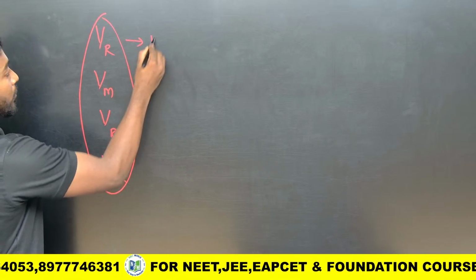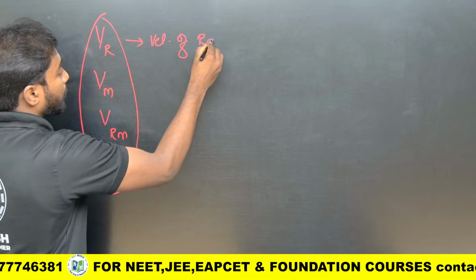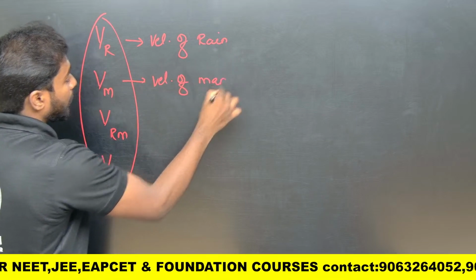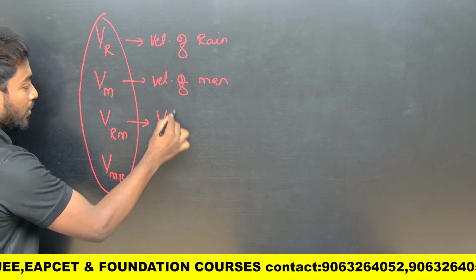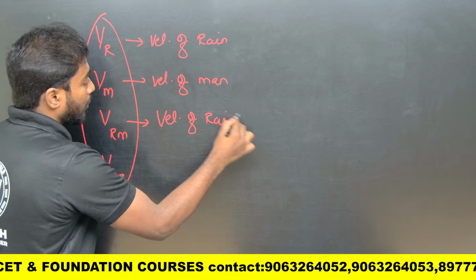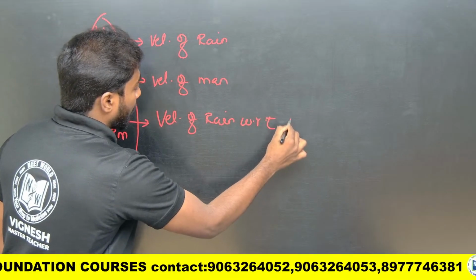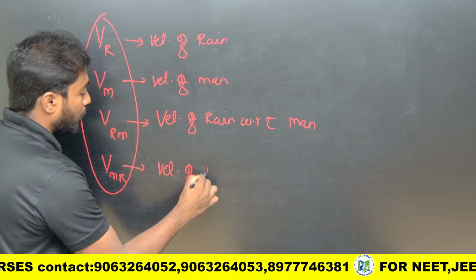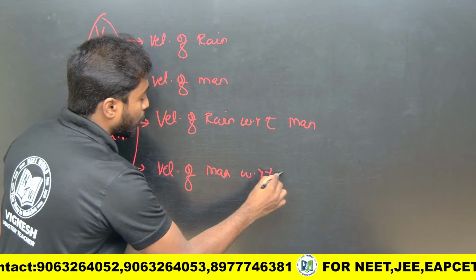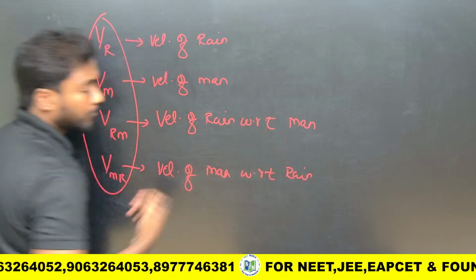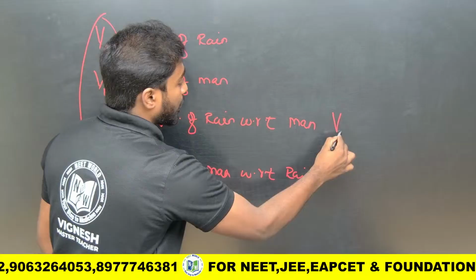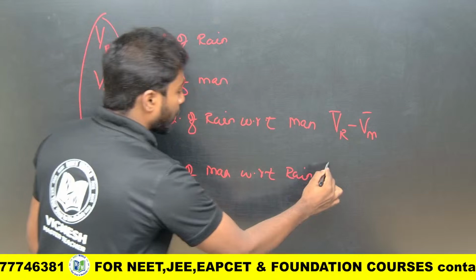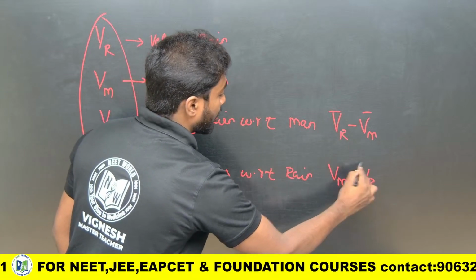Velocity of rain, this is velocity of man. This is velocity of rain with respect to man, and this is velocity of man with respect to rain. So how will I write this one? Velocity of rain minus velocity of man. This one is velocity of man minus velocity of rain.